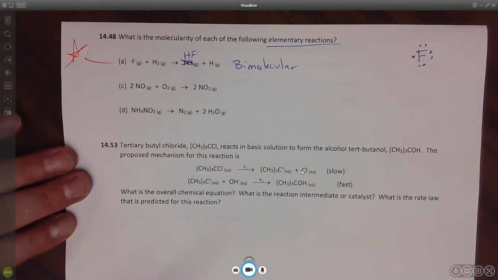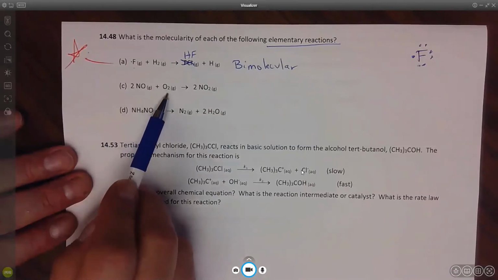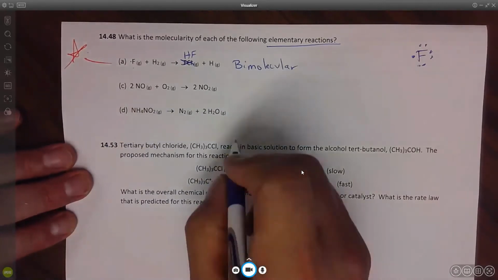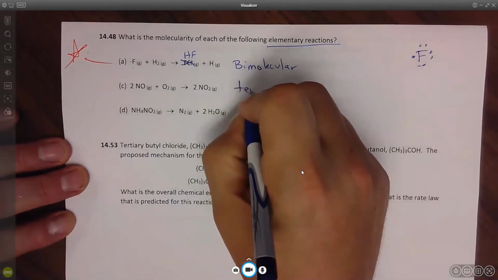Eugenie? No, it's ter. You muted yourself. It has 3 molecules. That's right, there's 2 NO and 1 O. That's 3, so it is termolecular. Again, it's not trimolecular, it is termolecular.